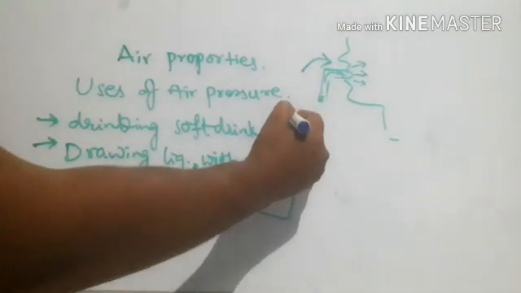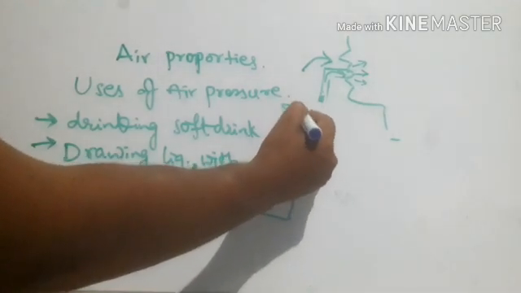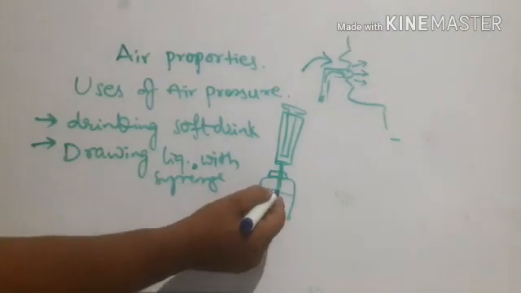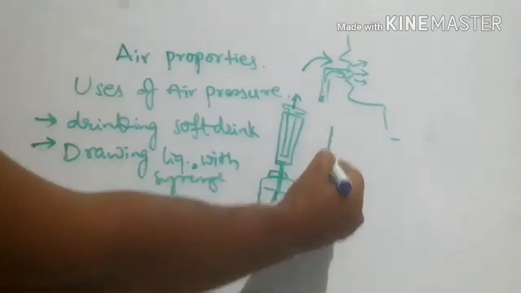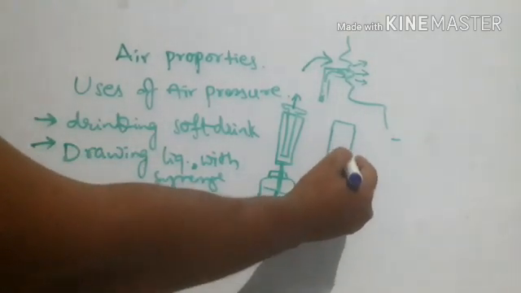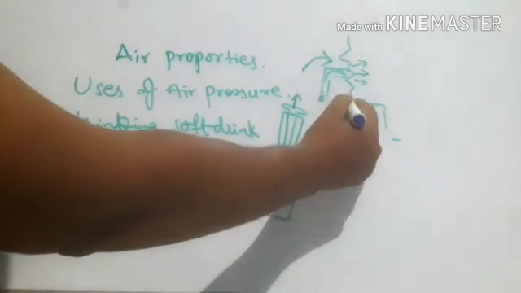Have you seen this? So whenever you want to take out the liquid with the help of a syringe, he will pull the piston. When he pulls the piston, there will be a small air gap inside the bottle.